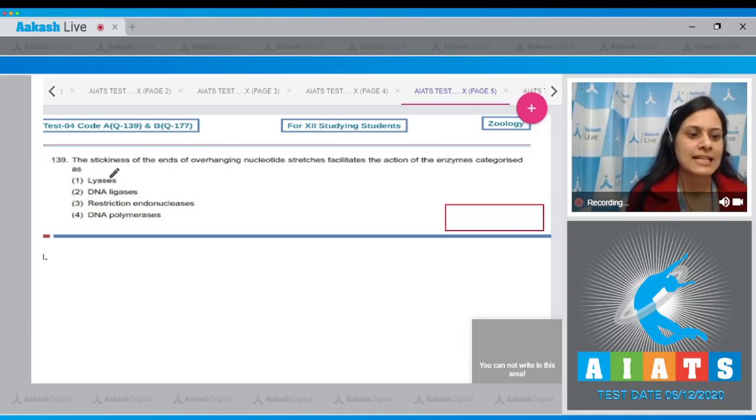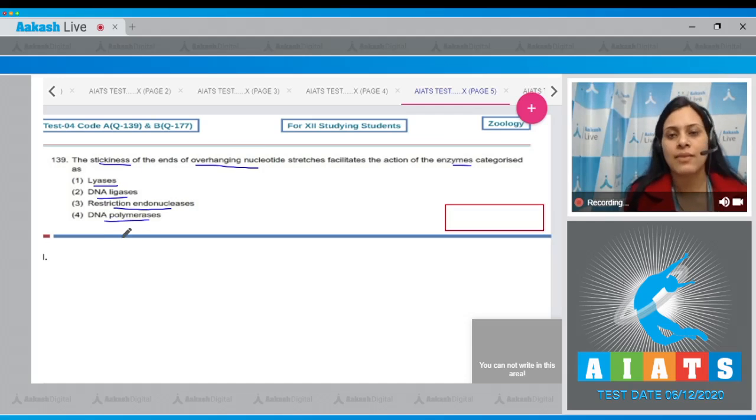Question number 139. The stickiness of the ends of overhanging nucleotide stretches facilitates the action of the enzymes categorized as, and the options given are lyases, DNA ligases, restriction endonucleases, DNA polymerases. And the correct answer to this question is option number 2, DNA ligases.